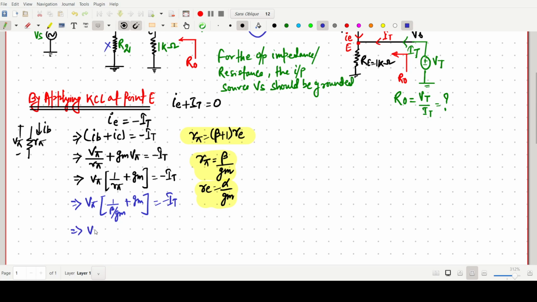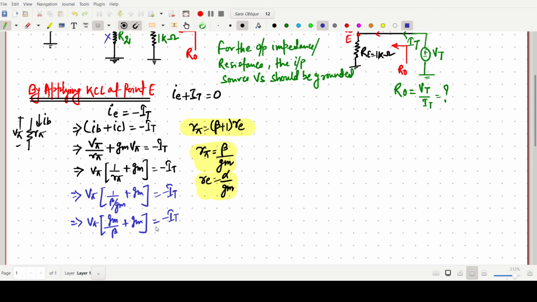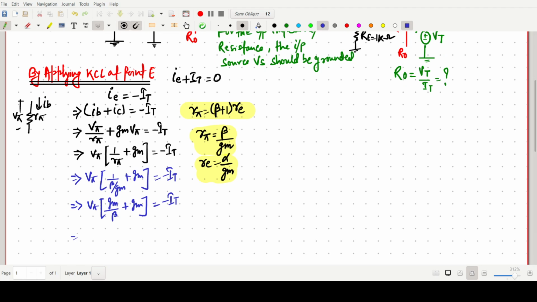Then after V pi, Gm will be beta plus Gm equals minus IT. One more line we can write: taking Gm V pi as common, Gm we are also taking common, 1 by beta plus 1 equals minus IT.